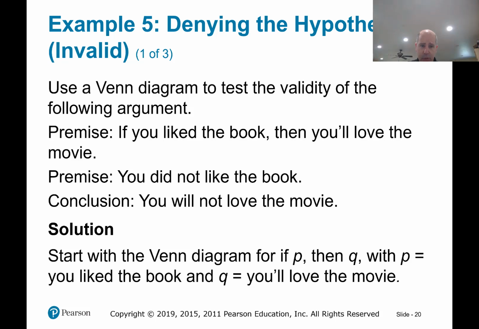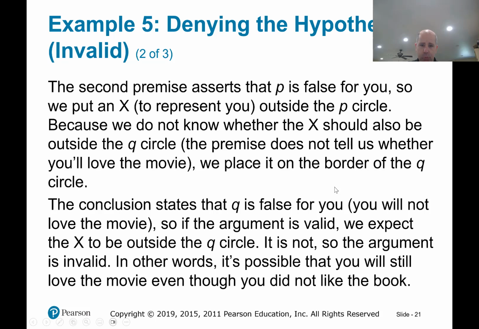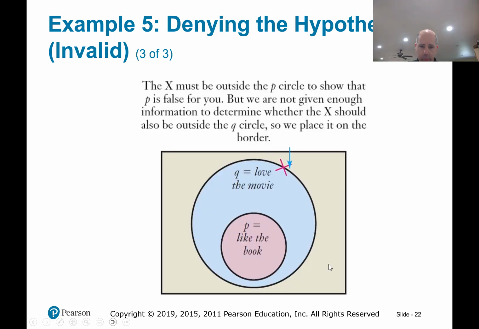Premise 2 is you did not like the book. So let's write that Venn diagram. Okay, so here's the diagram, just like I said. And then, of course, the conclusion is you did not like the book, right?